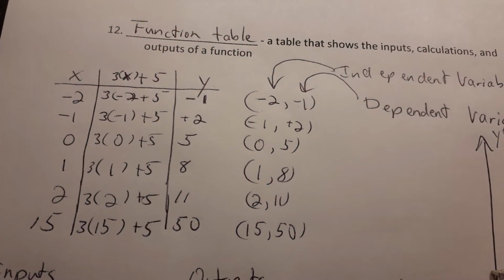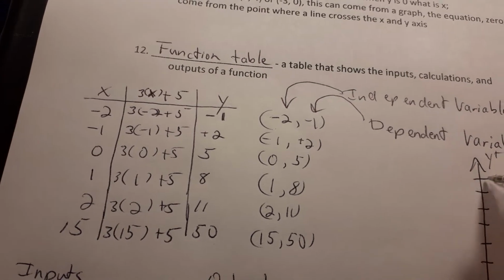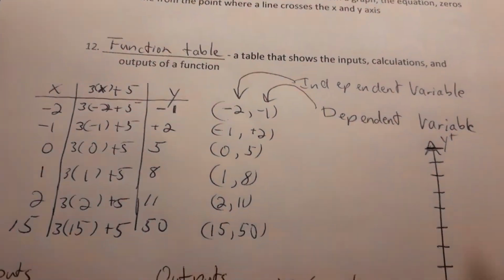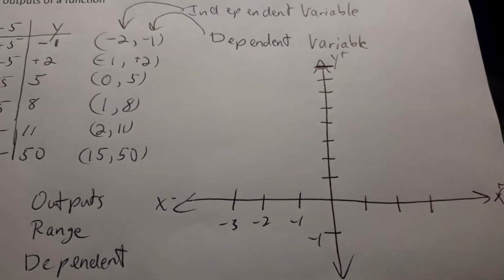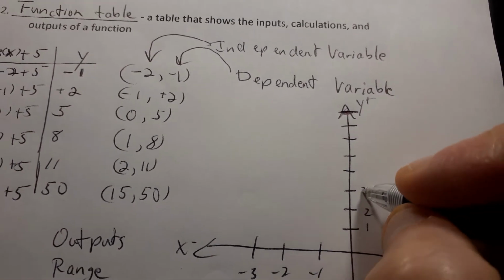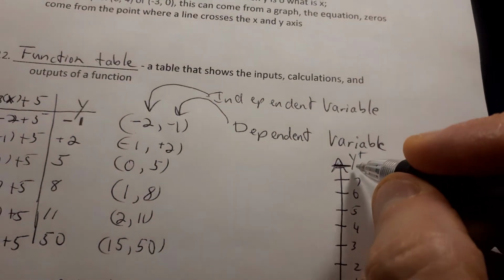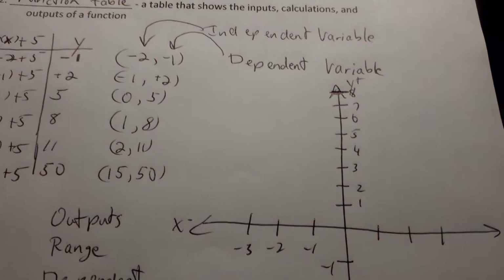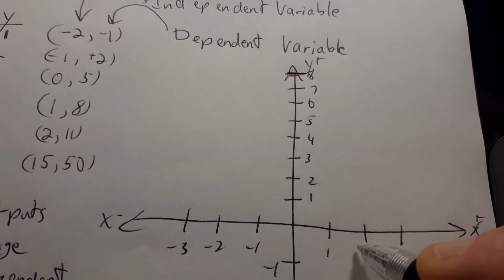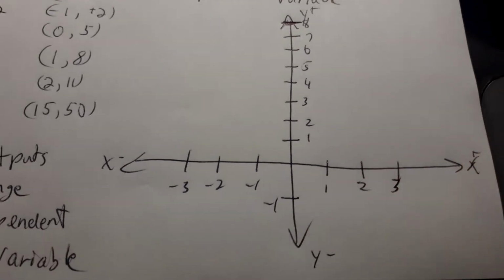We'll go up to 1, 2, 3, 4, 5, 6, 7, and that will be 8. So this is going to be 1, 2, 3, 4, 5, 6, 7, 8. Okay, and this is 1, 2, 3 on the x-axis.